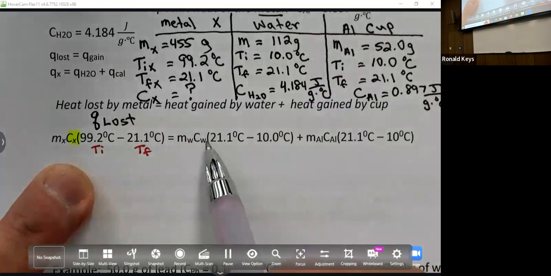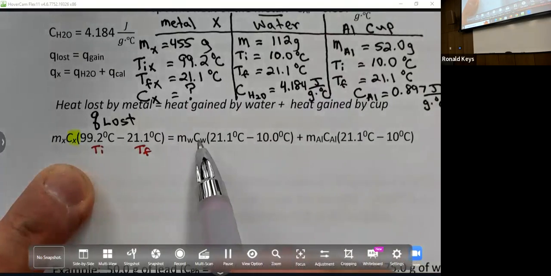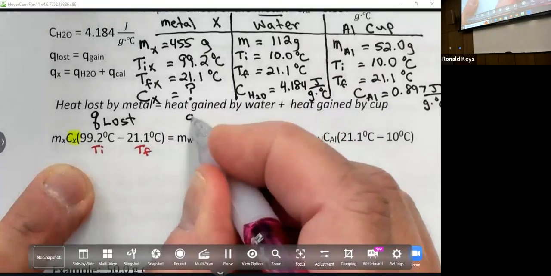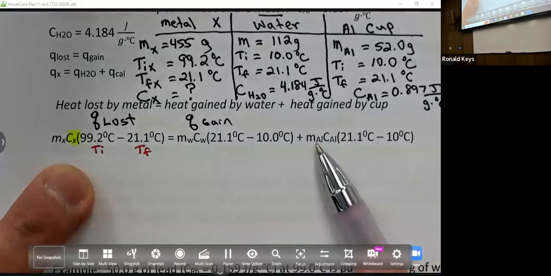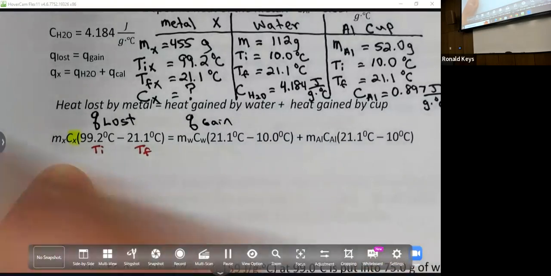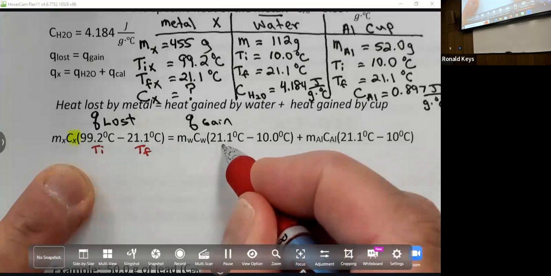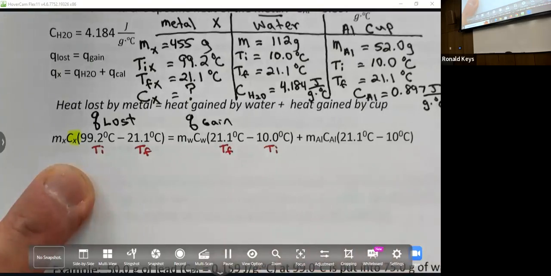Now, heat gained. The water is going to gain heat, and the aluminum cup is going to gain heat. So this is the heat gained by the water, plus the heat gained by the aluminum cup. And this right here is actually T final minus T initial.